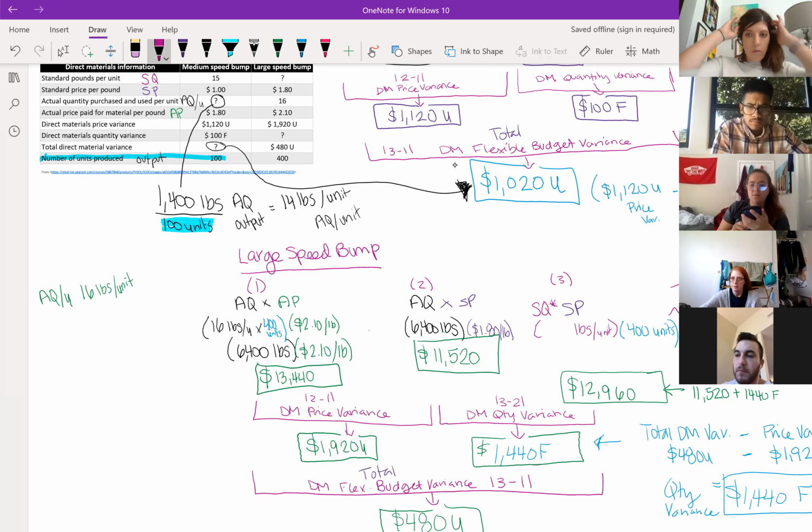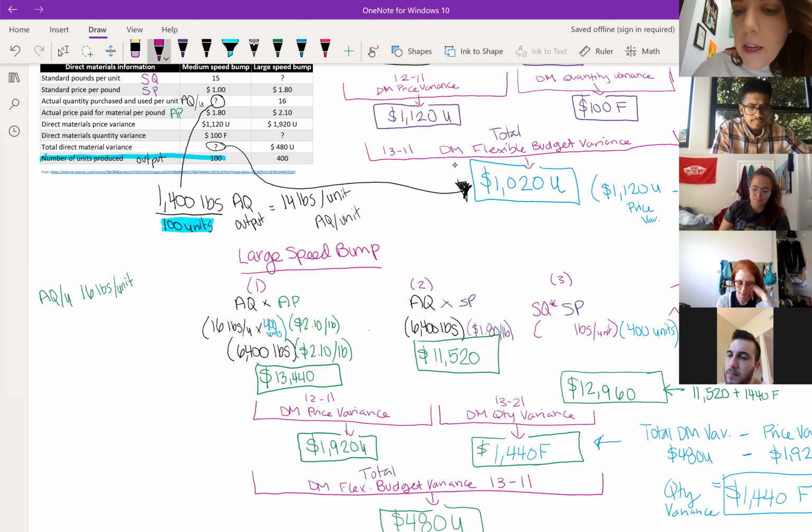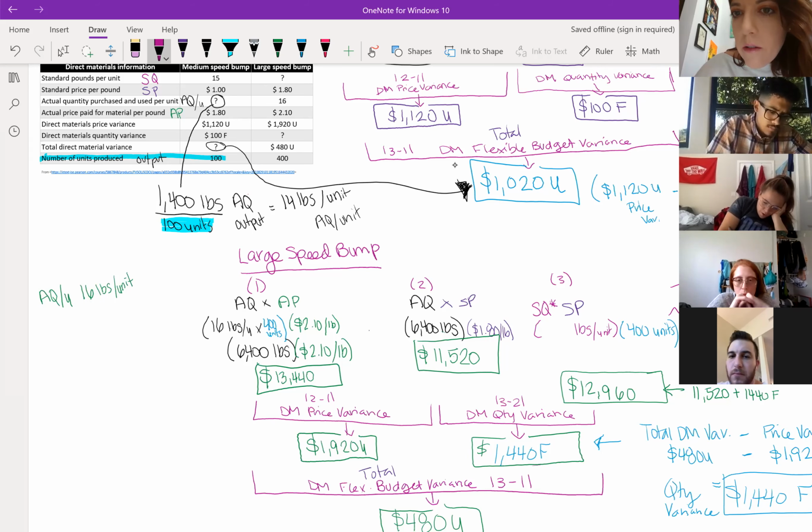So it'd be 18 pounds per unit. So you're going to take 12,960 divided by the 720. And that's going to give you 18 pounds per unit, what you need.